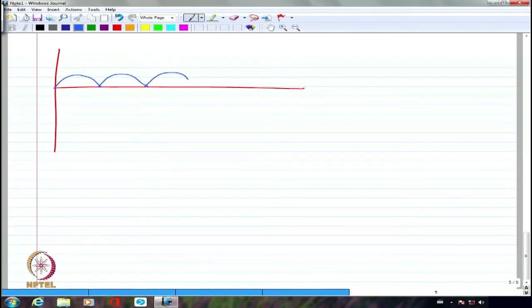In fact, if I am going from 50 hertz to 10 hertz, I will have 5 half cycles in the positive and 5 half cycles in the negative. If I am coming down to 5 hertz, I will have 10 half cycles in the positive, 10 half cycles in the negative. So I may have something like this continuously coming up, right? So this is the way it is going to be.